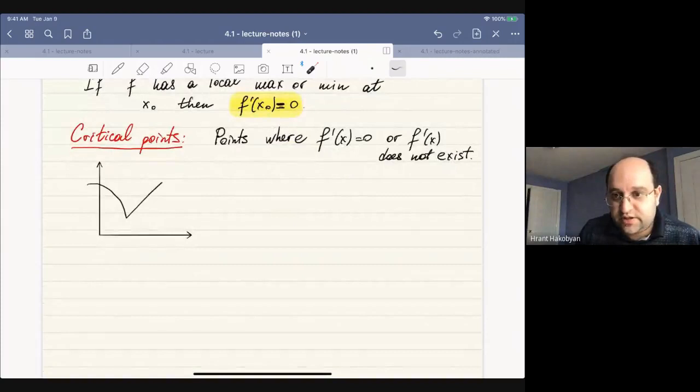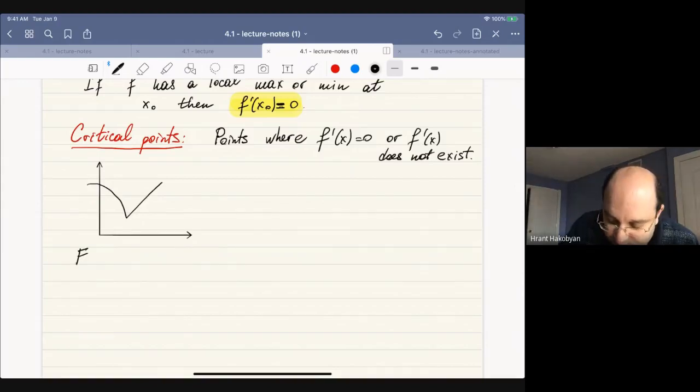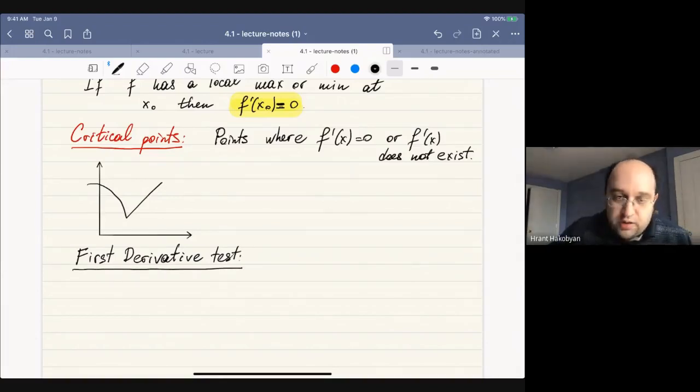There is actually a test which helps you find out whether the critical point is a local maximum or a local minimum, and that's called the first derivative test. So what does this test tell you? How can we find if a critical point is a maximum or a minimum?